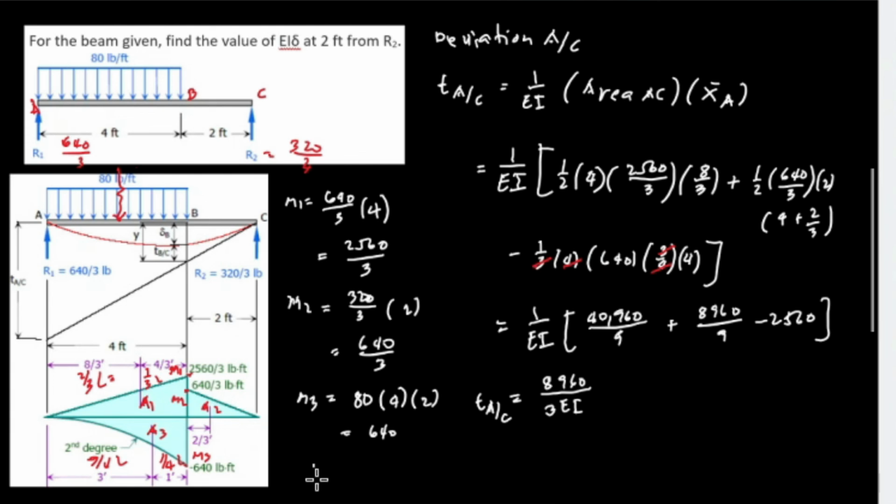So let's copy T of A sub C, that's 8,960 all over 3 EI.